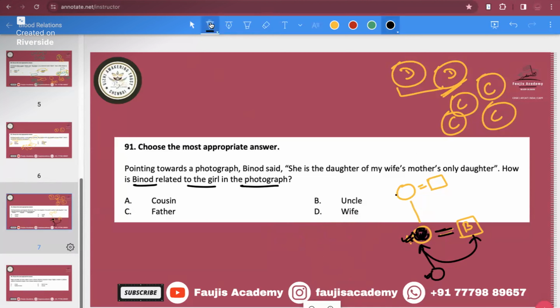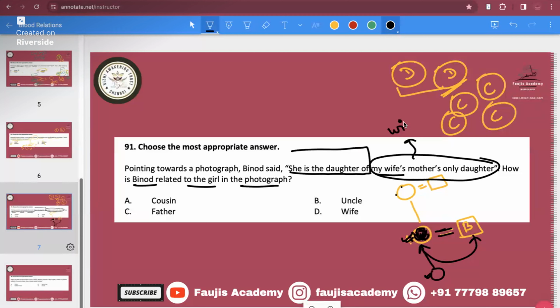Look, so she is the daughter. Let's check it out over there. My wife's mother's only daughter. That means this is basically saying wife only.